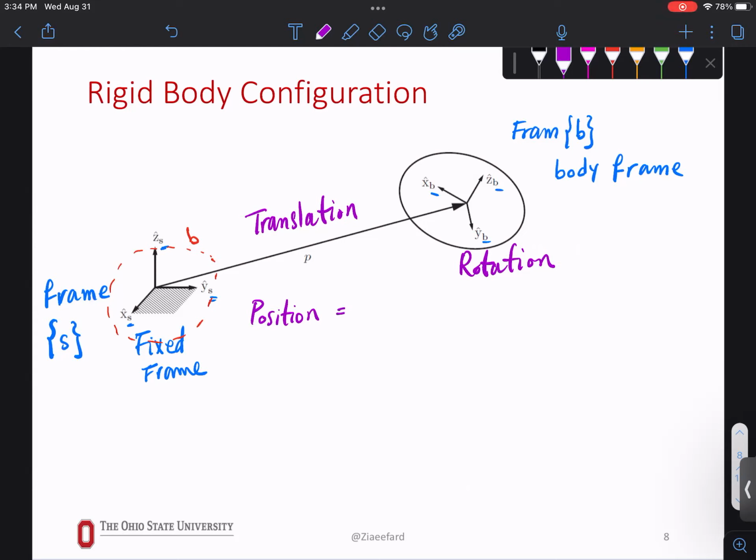The position P is measured in frame S. The rotation will also be measured there. The orientation, when we say orientation, we mean the rotation that happened.